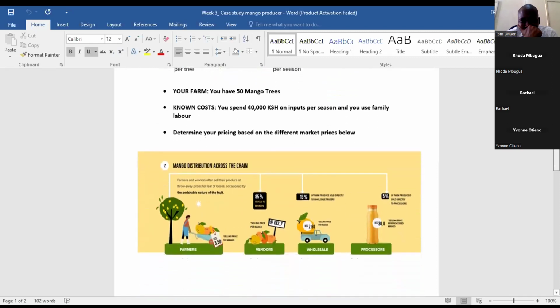We are asked to determine the pricing based on the different market prices below. Farmers and vendors often sell produce at throwaway prices for fear of losses from the perishable nature of the fruit. This farmer sells at 3 shillings 50 cents per mango, and vendors sell at double the price, at 7 shillings.